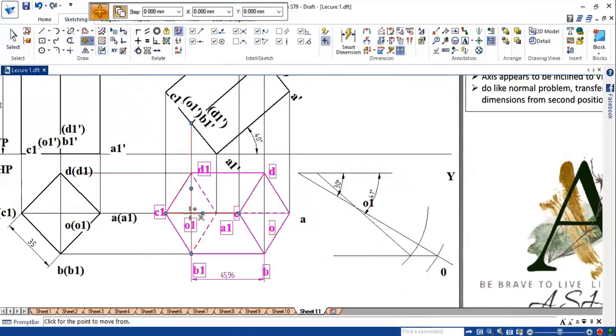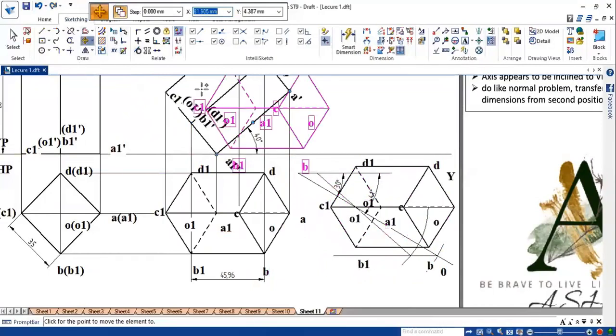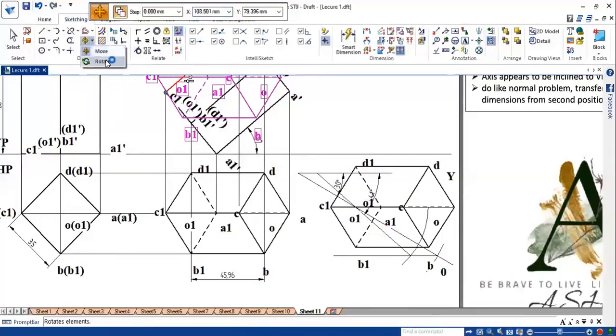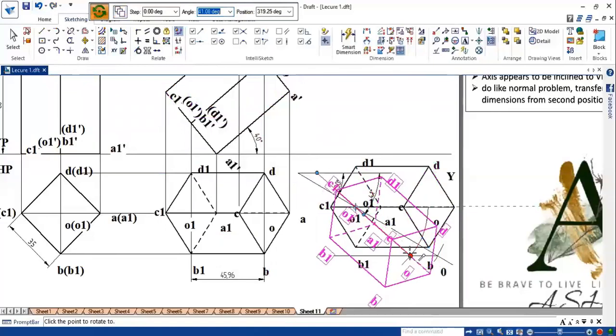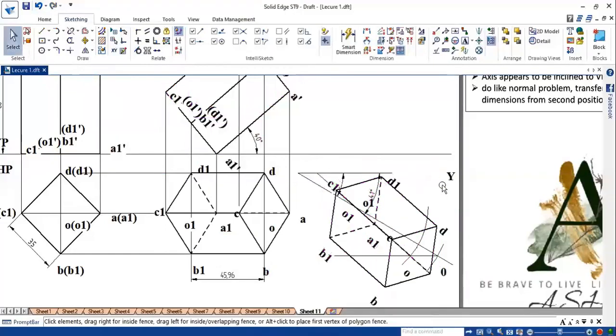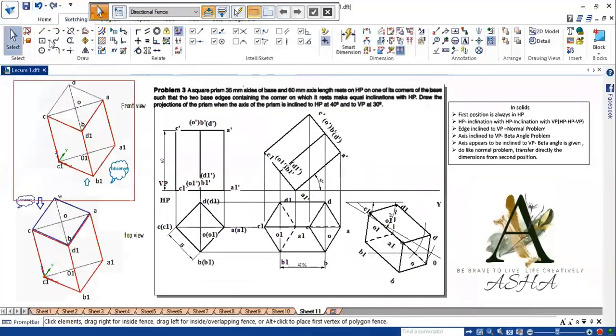Click on O1, place it exactly on O1. Then use the rotate option. Click on O1, then O. It should not keep a copy. Rotate and place it. Okay. Now you have rotated and placed on the beta angle.